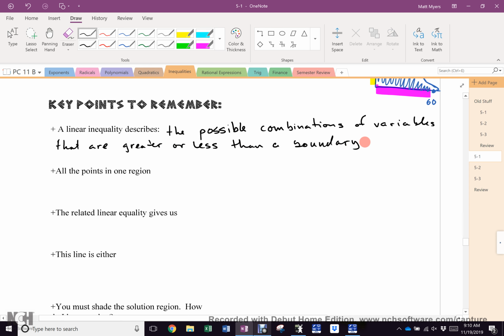Right? And what does it do? It splits the variables into how many regions? Right. Into 2 regions. All the points in one of those regions are what? I've split into two regions, which means all the points do something and the rest of the points don't.